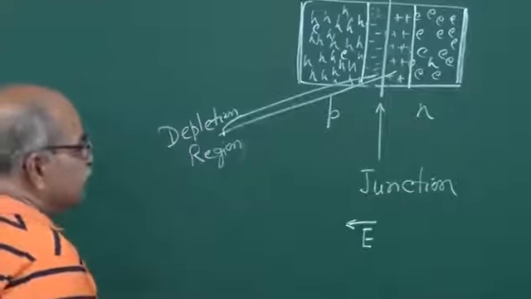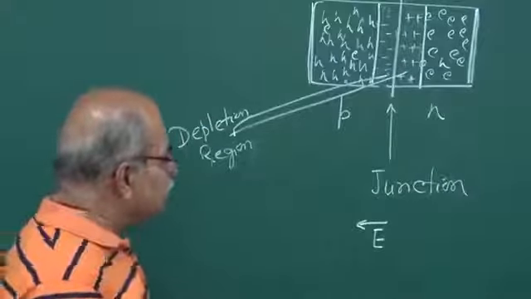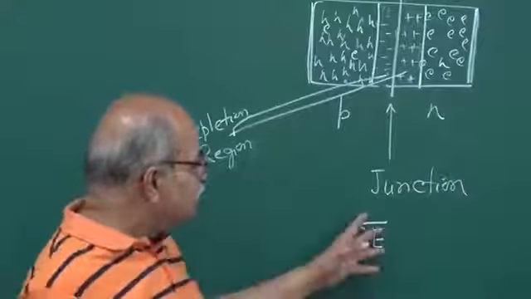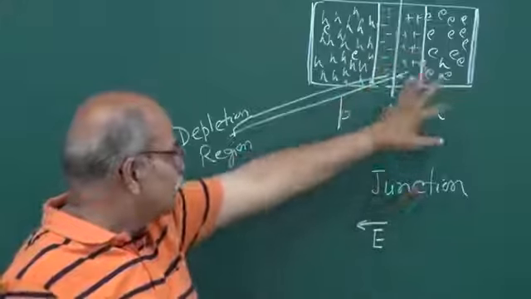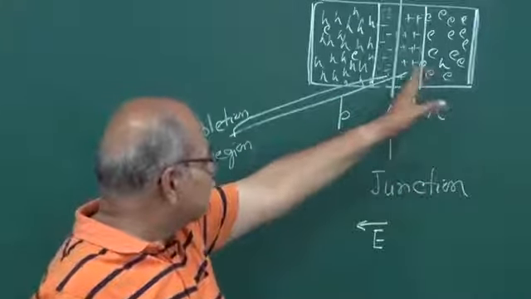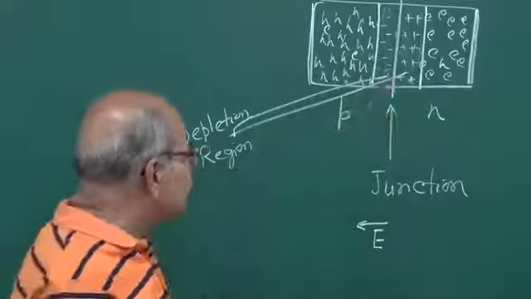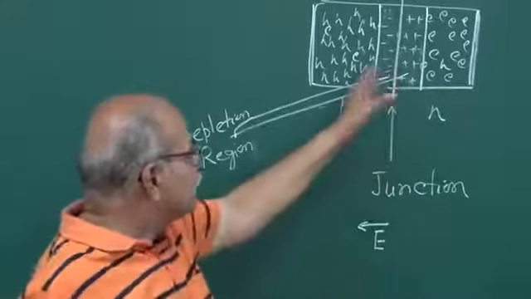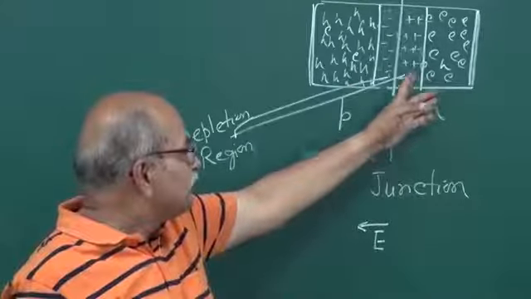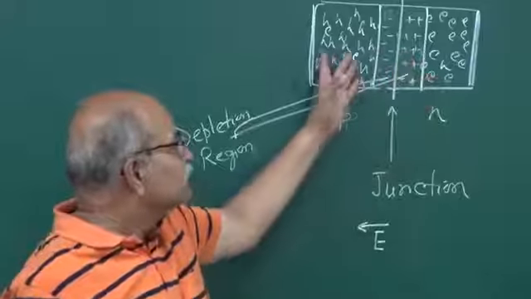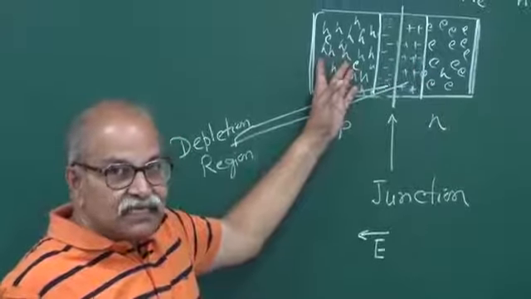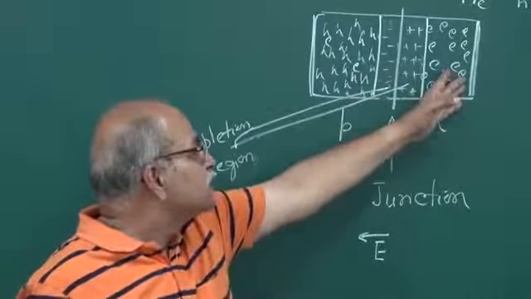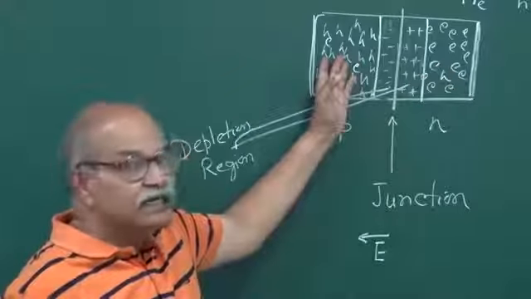Then we said that once you have an electric field, you will have some potential variation also. In this case, the potential is decreasing from right to left. So this will be at a higher potential, and this will be at a lower potential. There will be a potential difference between this n side and this p side.